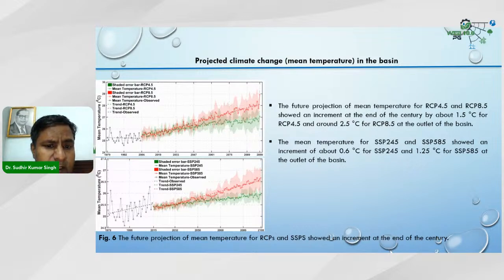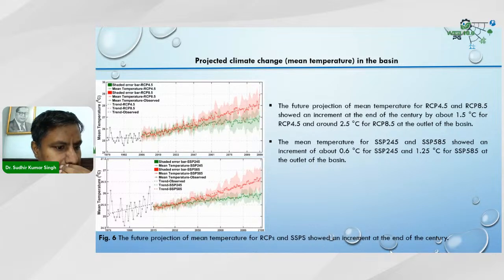If you see both the diagrams, you can analyze that there is a break, because up to 2014 the CMIP6 data is called historical, and after that it is called projected, up to 2050. Similarly here, after 2006 it is called projected, and before that it is called historical.